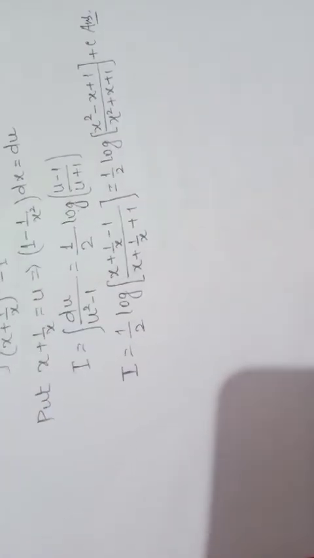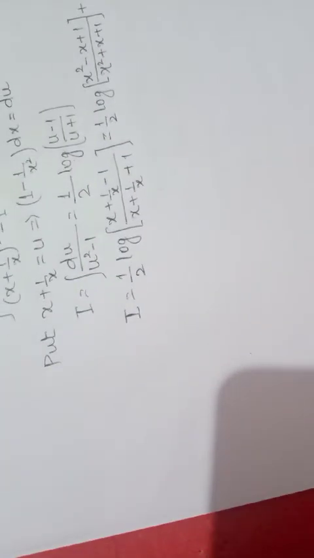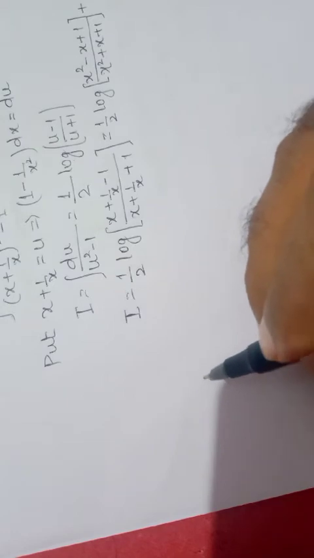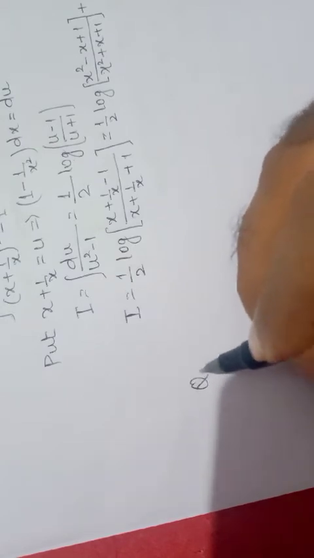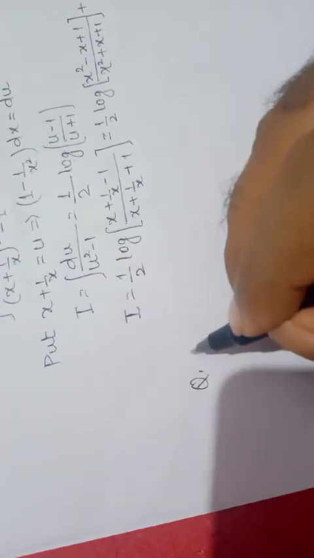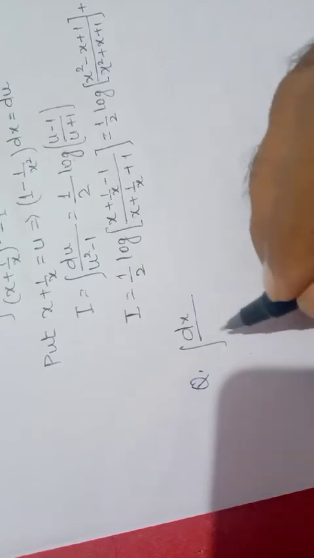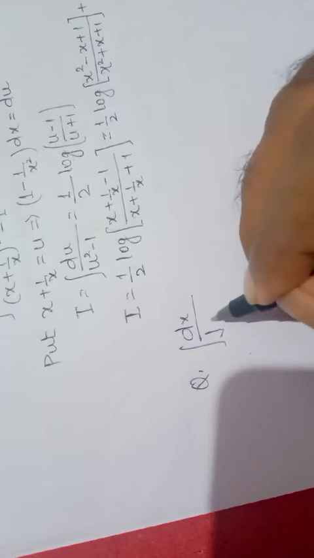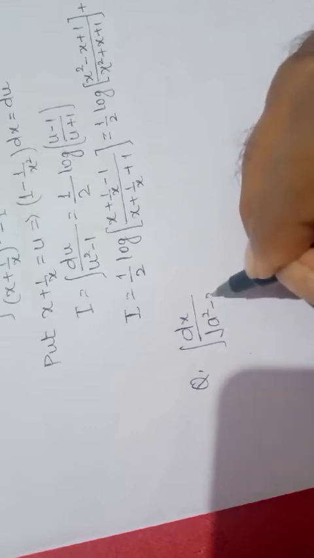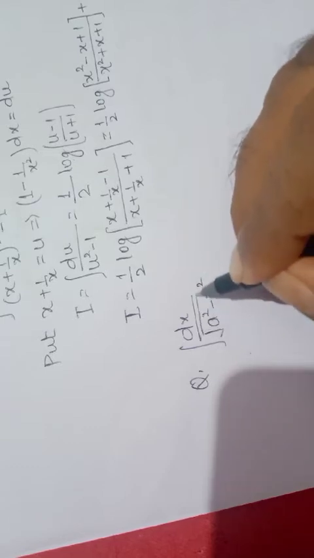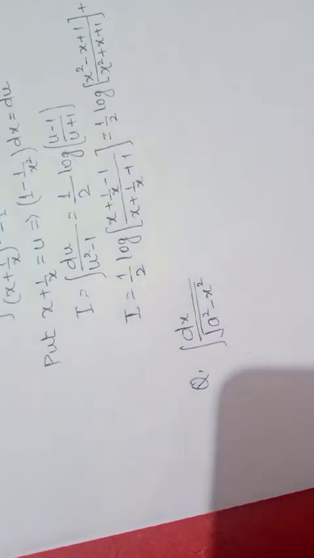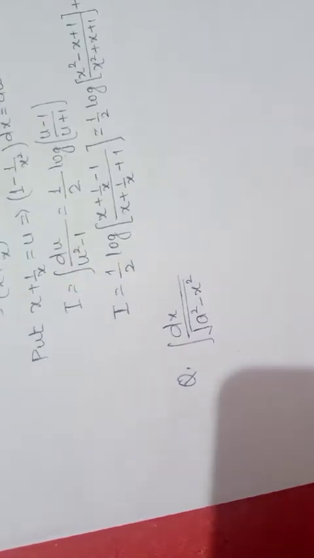Now your next question, or you can say next identity formula, is integrate dx upon under root a square minus x square. In this integration, first of all apply substitution.